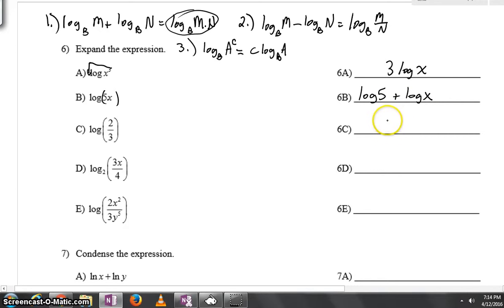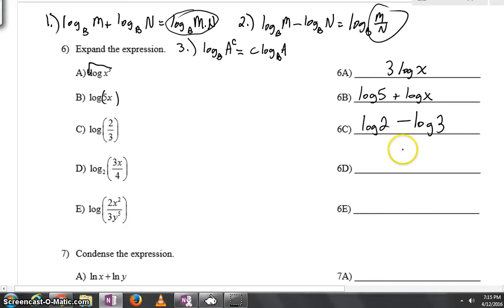By way of comparison, when you look at letter C, you're going to see that that actually has a division of terms, making a fraction. That's property number 2. You can see that fraction right there. This is always going to involve a subtraction. We're going to have the log of 2 minus the log of 3.